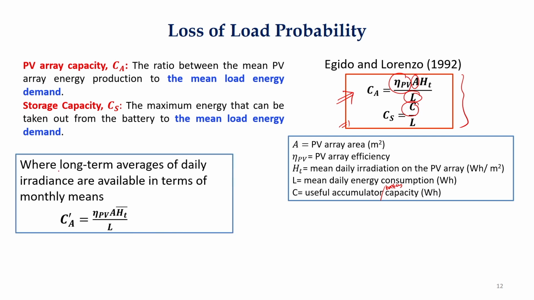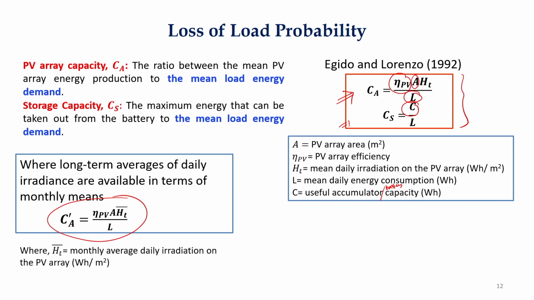Also, if we are interested in the long term average of daily irradiance, then our expression will be something like this: CA dash is equal to A HT bar over L. And what is HT bar? HT bar is the monthly average daily irradiation on the PV array, and its unit is watt hour per meter square.